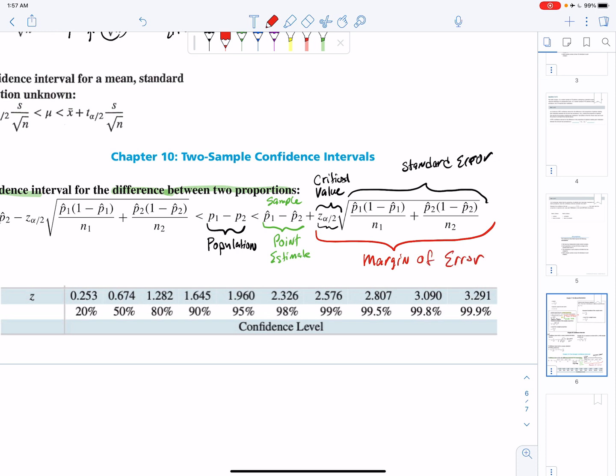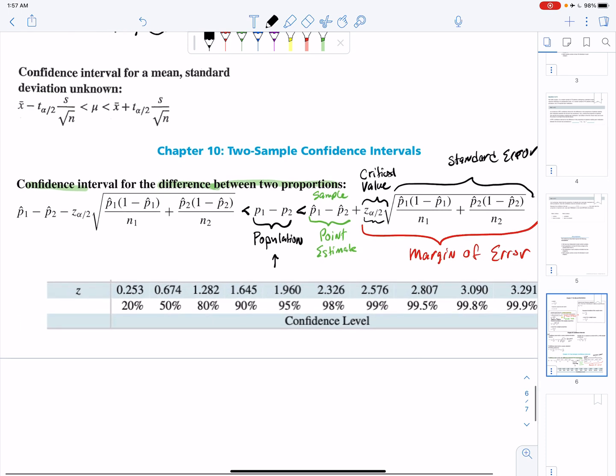So those are the important little pieces. Now, you can see that we've got these inequalities. What we're trying to do is, we don't know the difference of the population proportion of population 1 minus the proportion of population 2, but we're trying to get a lower bound and an upper bound to say it's in between this with a certain level of confidence.